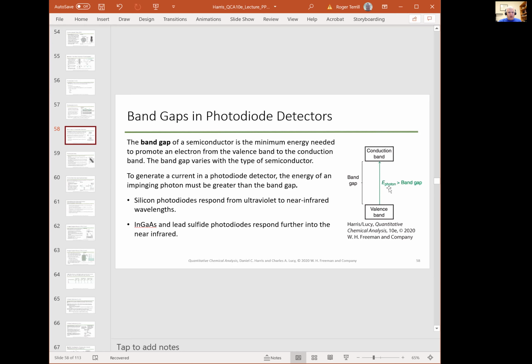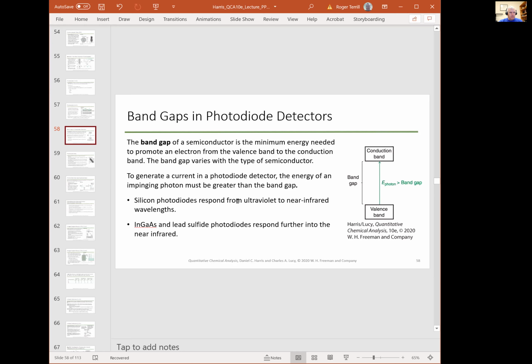Photons that have an energy less than this band gap generally pass right through. There's no way for them to interact, and so they don't. Interesting, huh? Photons with an energy much greater than the band gap will also tend to pass through that material. But photons with energies approximately the same as the band gap or a little bit greater will be absorbed.